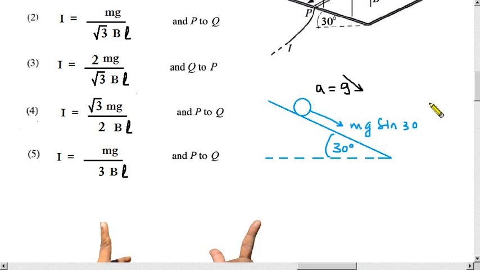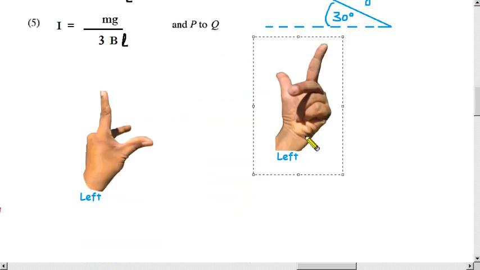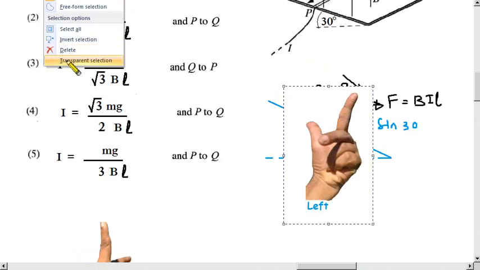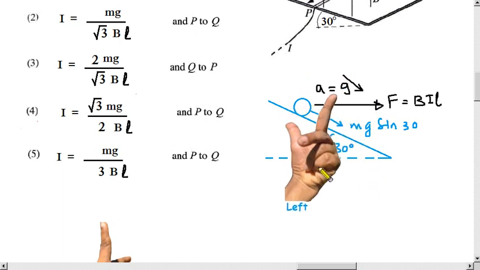So to get the force this way, F equals BIL, which direction should the current be? Let us first use the left hand rule. B is upwards, like this.